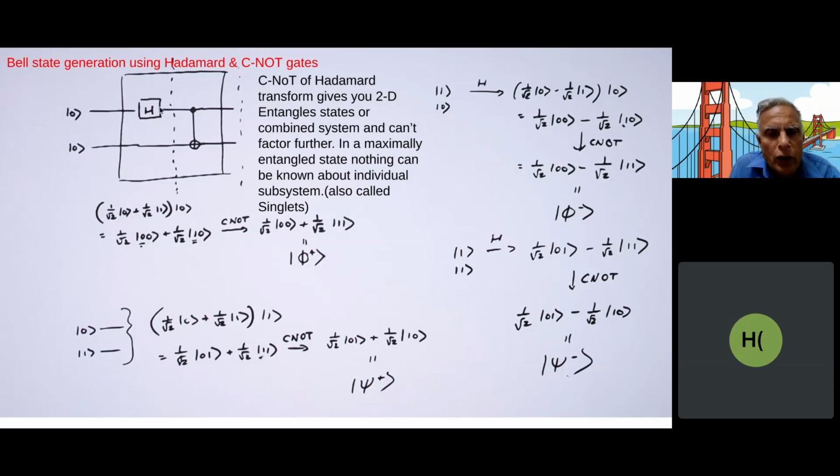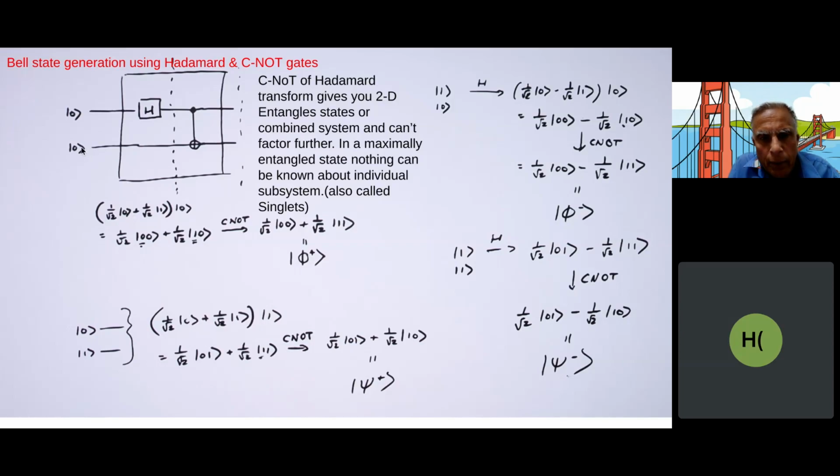When it passes through the Hadamard, ket 0 just rotates, and you get the ket plus state, which in terms of the ket 0, 1 representation is 1 by root 2 ket 0 plus 1 by root 2 ket 1.